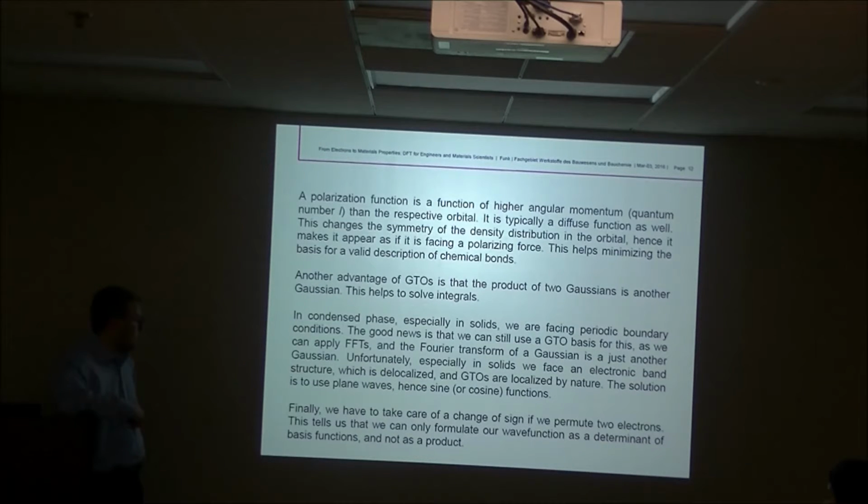So what we can do is go to something unlocalized by nature instead. So what do we have for this? Plane waves, sine or cosine functions in principle. We have a sine function in the propagation direction and a constant in all the others. So it's pretty easy.